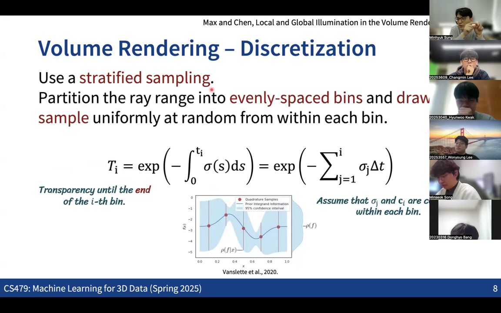If we shoot a ray in this 3D space, we divide the distance of the ray into uniform intervals. Then for each interval, we sample one random point within that beam of the distance space.